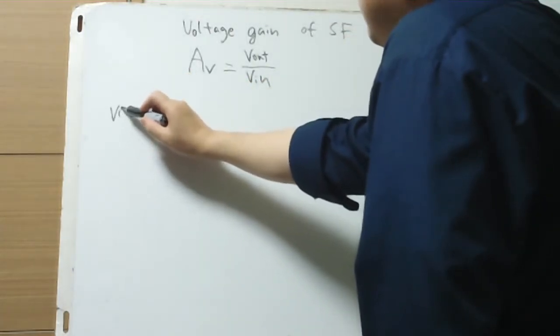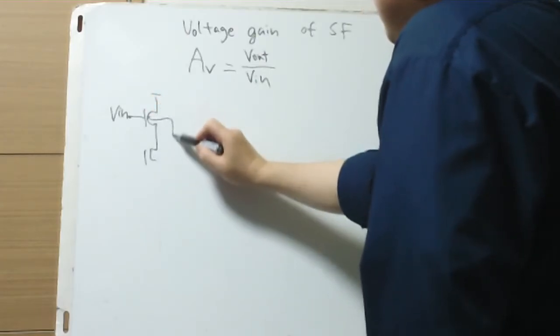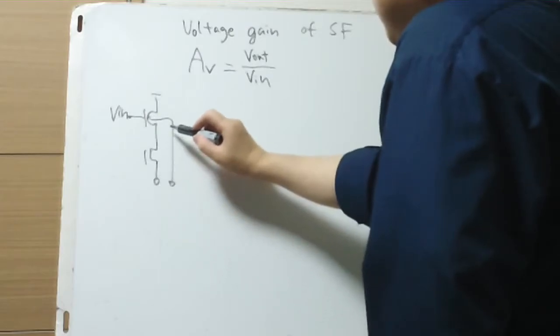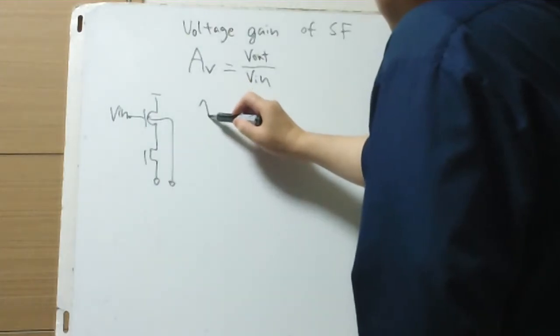This is the input. N channel, and so back bias exists. The body effect coefficient is what?